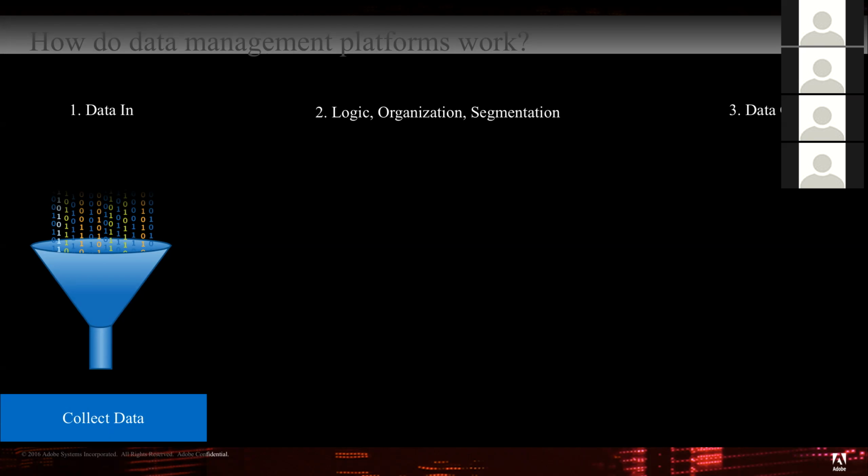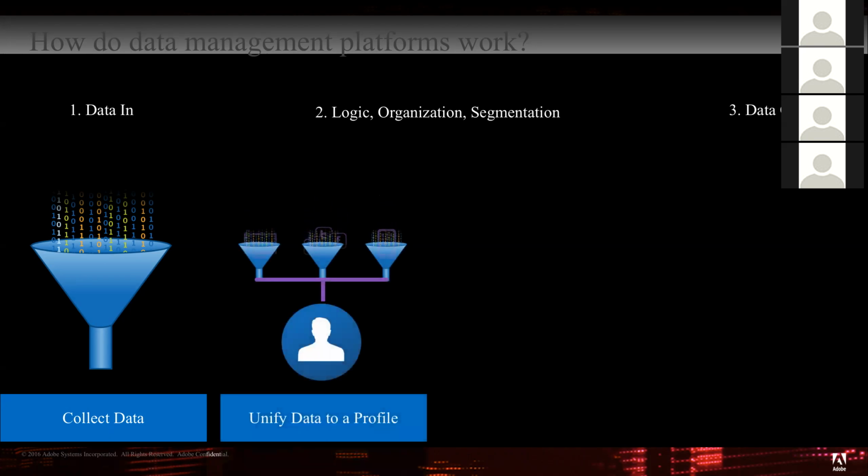We can also collect data by sharing to a third party. We can also collect data by uploading it ourselves. But in this case, let's say that we are just collecting data that's coming in from a number of sources here. Our second step is we have to unify that data into a profile. And this is part of the secret sauce of Audience Manager, because it's simple enough.